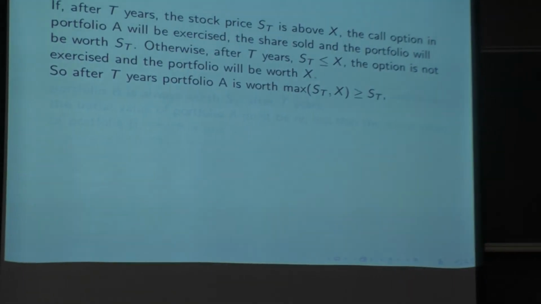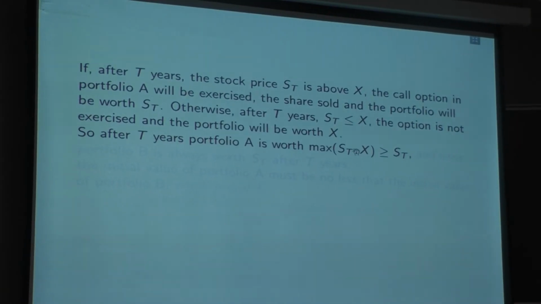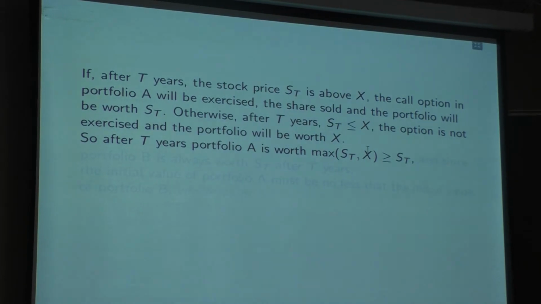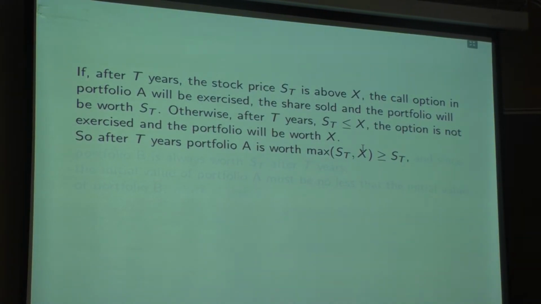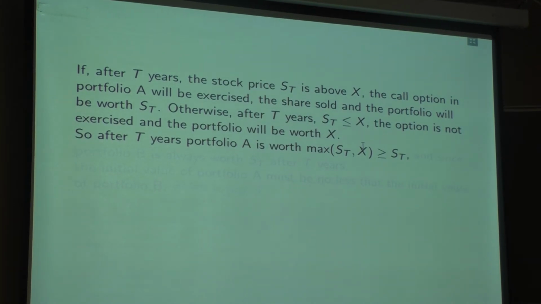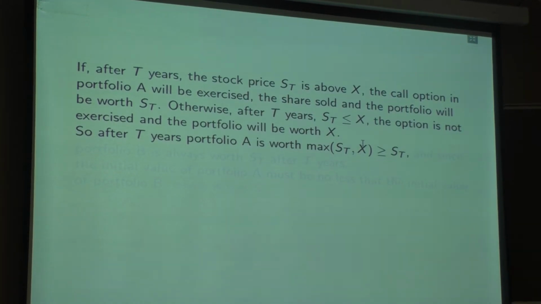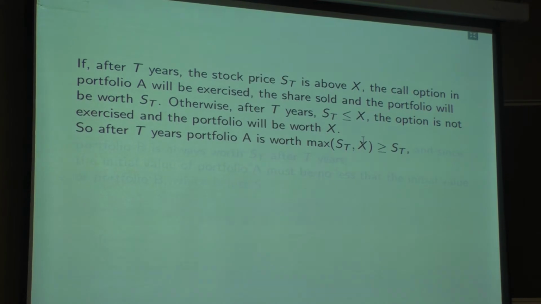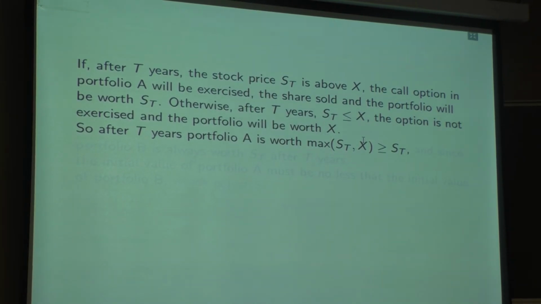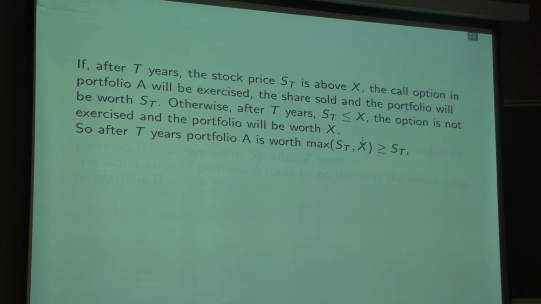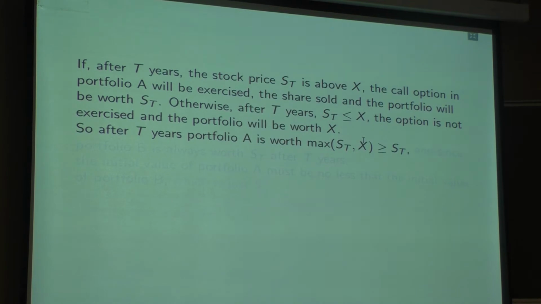Now, whenever ST is greater than X, whenever we find ourselves here, the maximum of ST and X is going to be strictly bigger than ST. So sometimes, with some positive probability, portfolio A is going to be worth strictly more than portfolio B at expiration. So here's the point where I wave my hands a bit, and there's an exercise in your homework sheet that shows you how exactly I'm waving my hands.